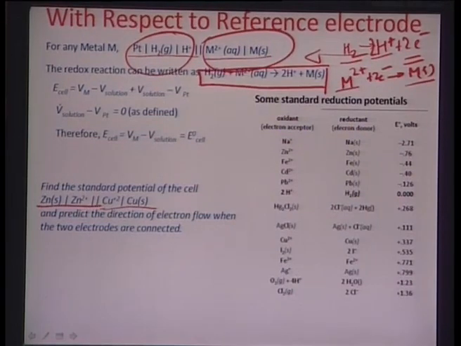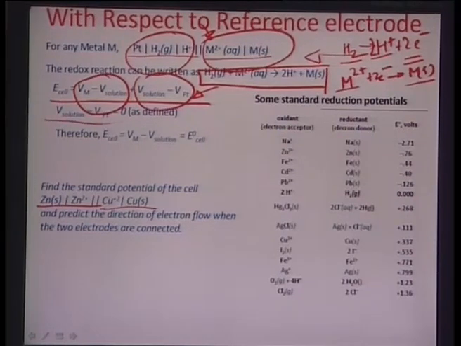For this particular cell, E cell is represented as the voltage on the right side minus the voltage on the left side. So, essentially it is the voltage of metal minus voltage of solution, plus voltage of solution minus voltage of platinum.